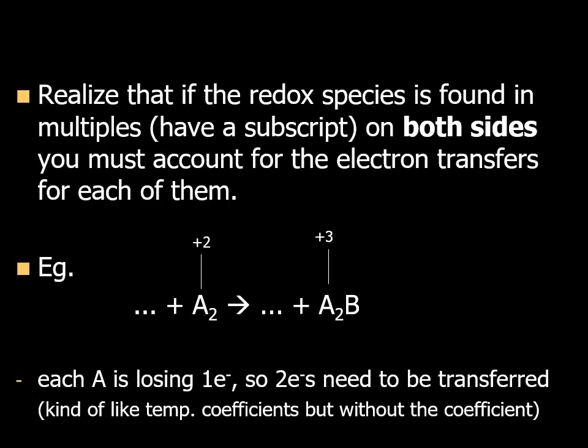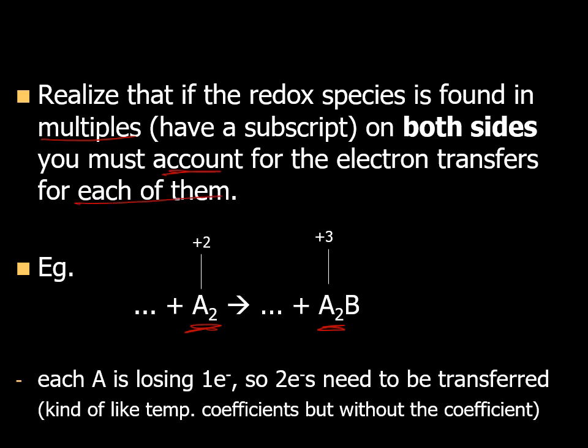All right, realize that if the redox species is found on both sides as multiples, and so let's say we had 2 on the right and we had 2 on the left, they are balanced, but there is more than one of them. There is a multiple there because they have a subscript. Make sure you account for the electrons for each of them.